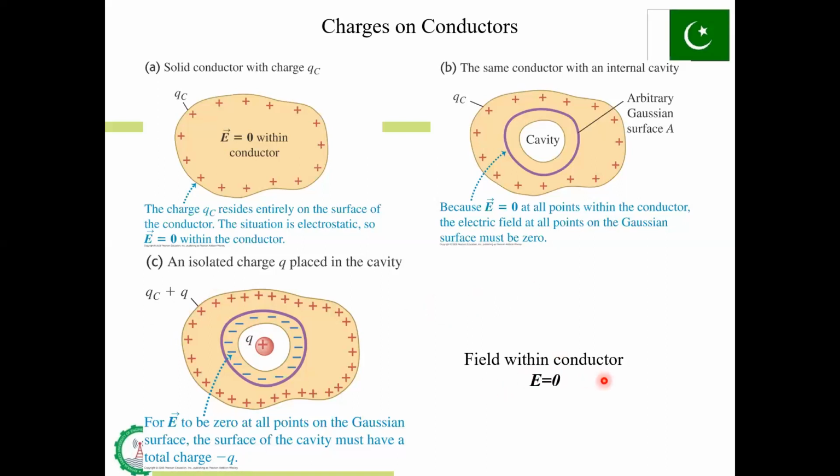Electric field within a conductor is zero. In all these three cases, the electric intensity is zero, even though there is a cavity, and there is also a charge Q placed inside the cavity, but the net charge will be zero, because the opposite charge will be induced outside the boundary, and the sum will be zero.